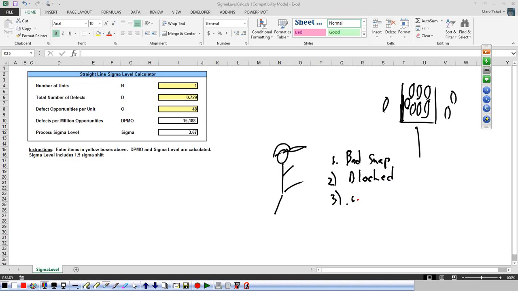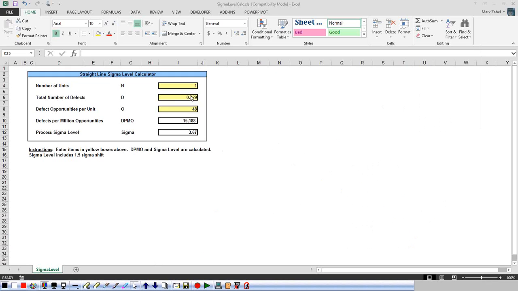It could be wind. Bad placement of the ball. Bad placement. It was deflated. Love it. Okay. And we could go on, but let's go ahead and calculate this sigma level.